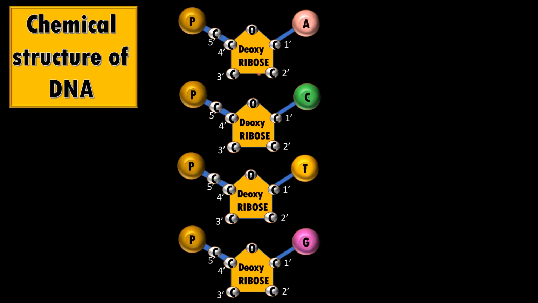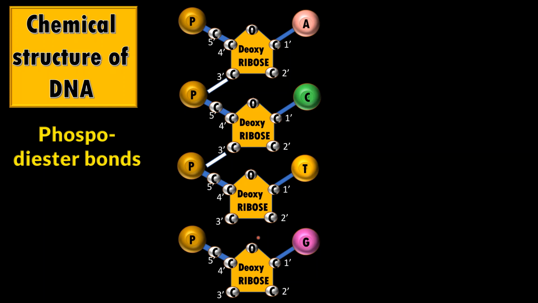Now this is again a simple version of chemical structure of DNA. Now here I have shown 4 nucleotides kept one above another. Now here the second is joined with the first one by using phosphodiester bond. Third is attached to second by using phosphodiester bond. Fourth is attached to third one by using phosphodiester bond. Now this is one strand of the DNA.